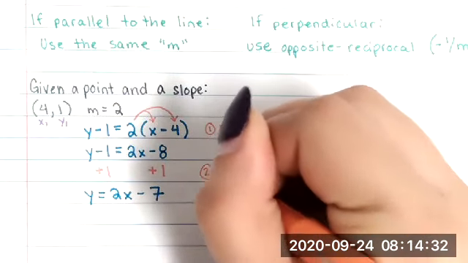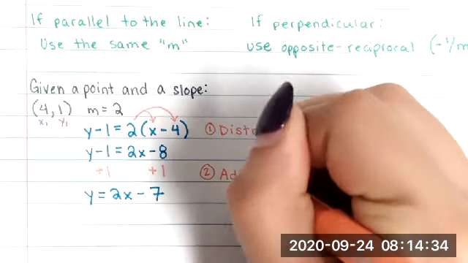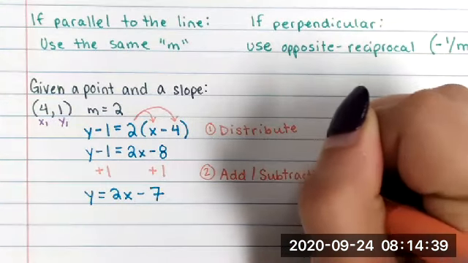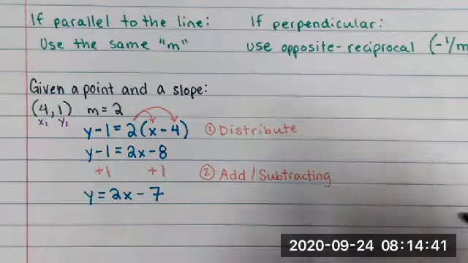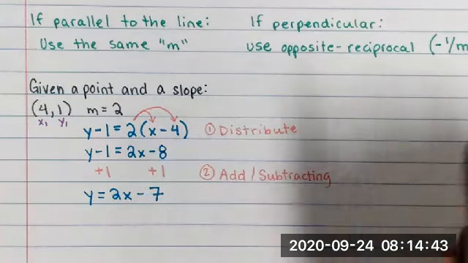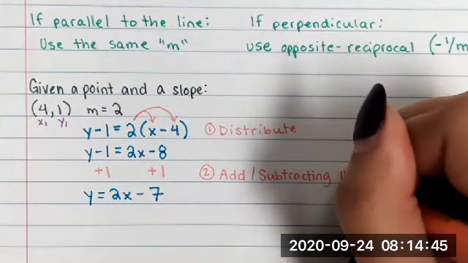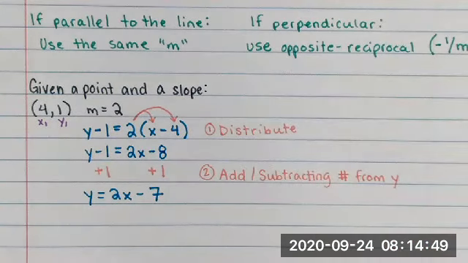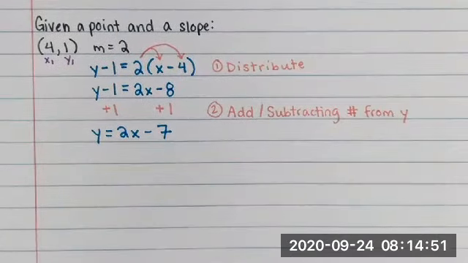So this is where you're either adding or subtracting on both sides the number with the y. So that's the basic idea.